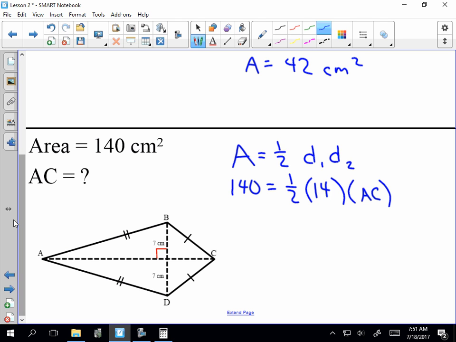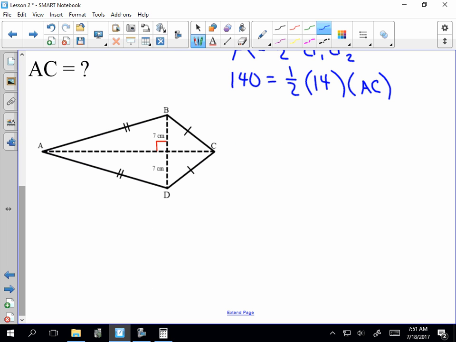Now, notice there's a lot of different things that we can do here in order to solve this problem. If you're most comfortable with simplifying the right-hand side, I'm going to show that method, and then I'm also going to show another method, and it's just trying to look at and find some things that make the problem a little bit easier to solve. So here we've got 140 equals 1/2 of 14, 7 times AC.